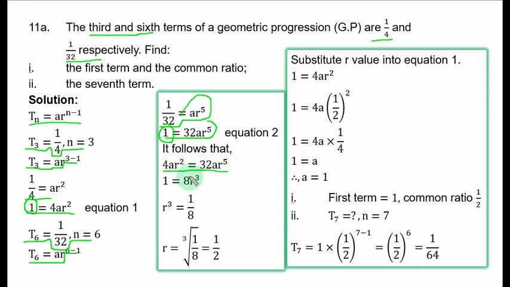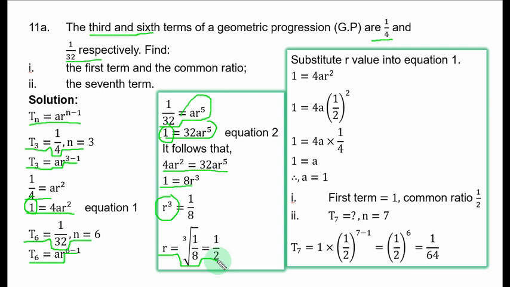You can divide through by 4a r squared. 4a r squared is common. If you divide through by 4a r squared, you have 1 equal to 8 r cubed. Divide through by 8 to get r cubed first. So r cubed is 1 over 8. To get r, you take the cube root of both sides in this form, and r is 1 over 2.